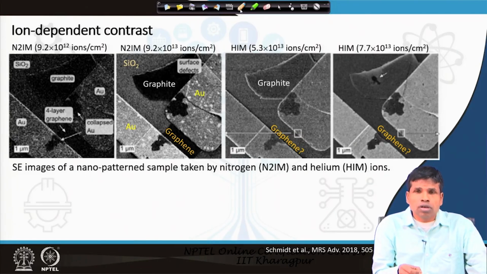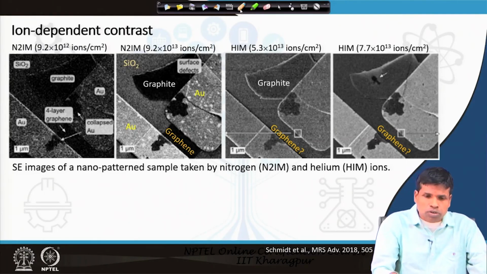What more we have discussed is that the topographical contrast depends on the tilt angle. When the tilt angle is more, the secondary electron yield from helium ions is much higher.